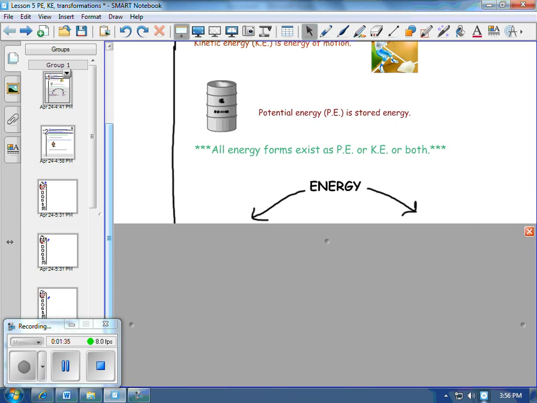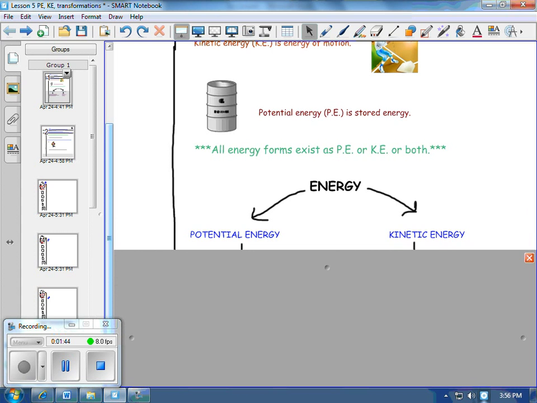We can look at it in this way, kind of like a graphic organizer of the energy sources that we know so far and where they fall in a diagram when we separate them out to be potential or kinetic.